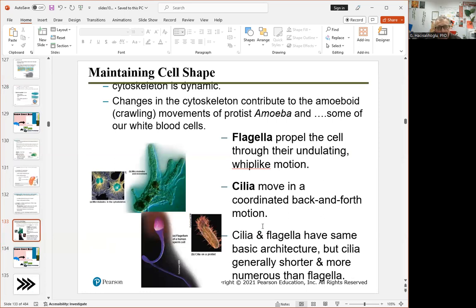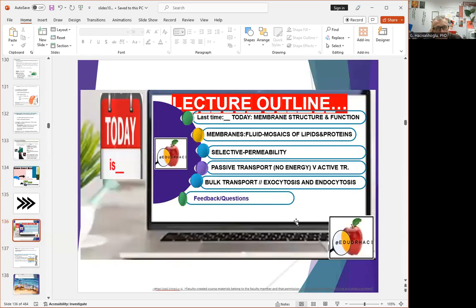It's very dynamic. They might have a flagella connected to it, helping maybe with some movement, and cilia, another thing like little hair-like structures. So these are some general big organelles.